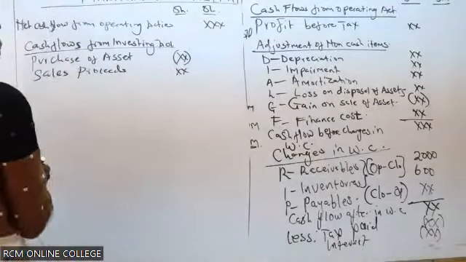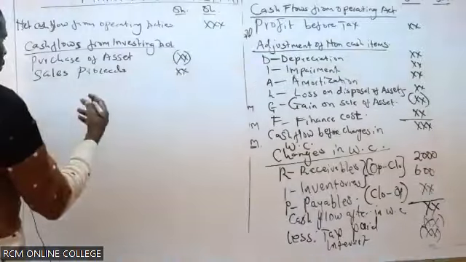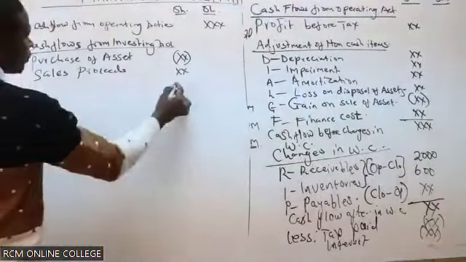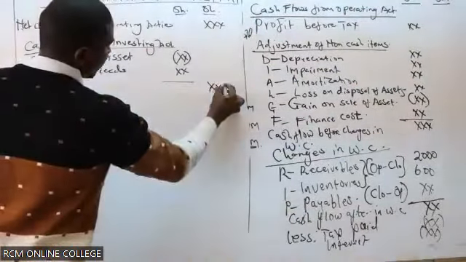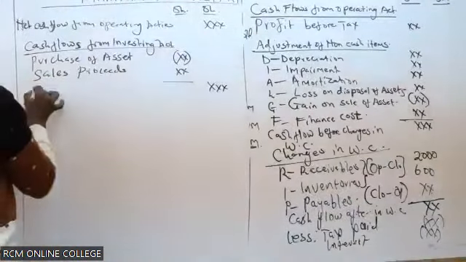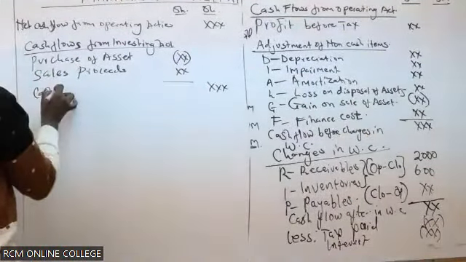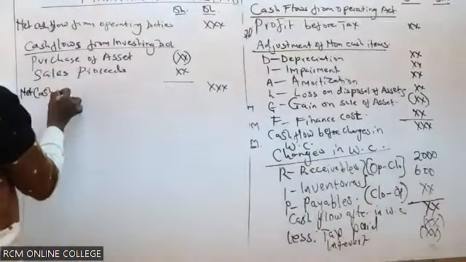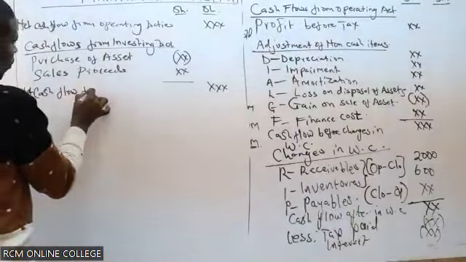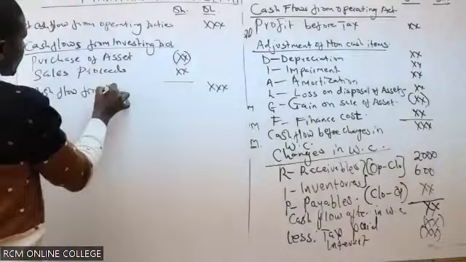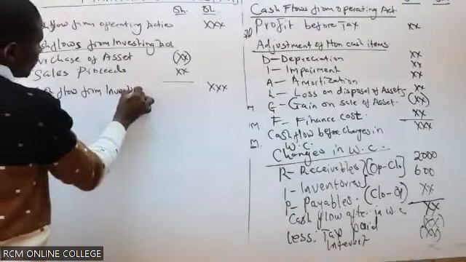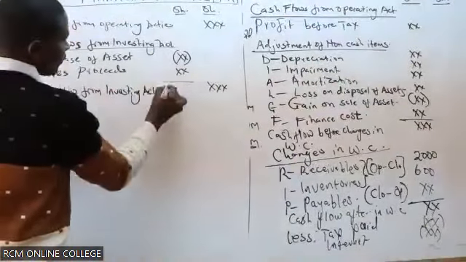Our assets, our cash may increase, and so on and so on. And then you can have your total there. You can call it what? Net cash flow from investing activities.